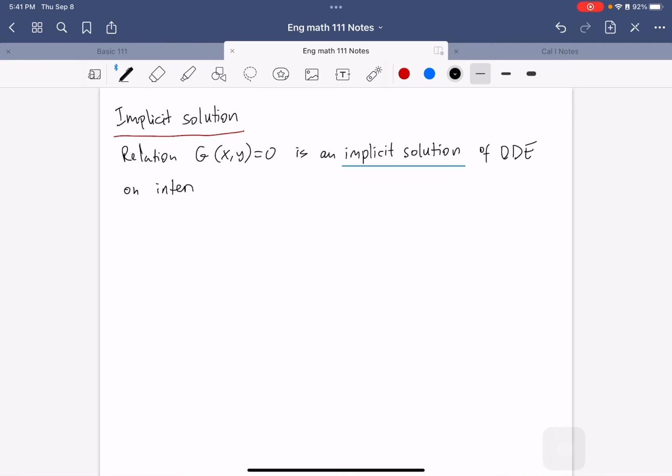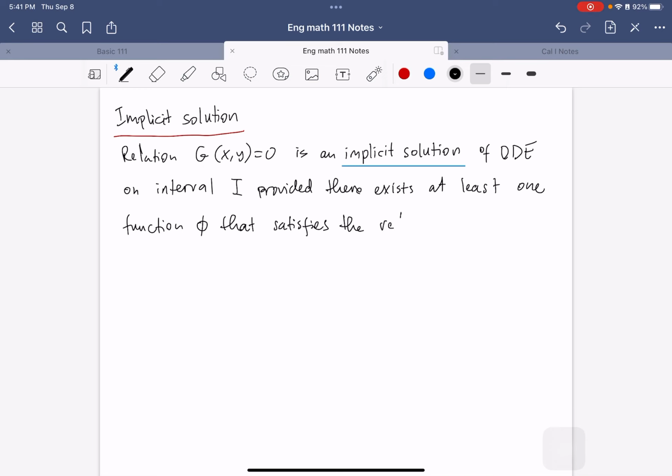on some interval, provided there exists at least one function psi that satisfies the relation as well as the differential equation on the interval.